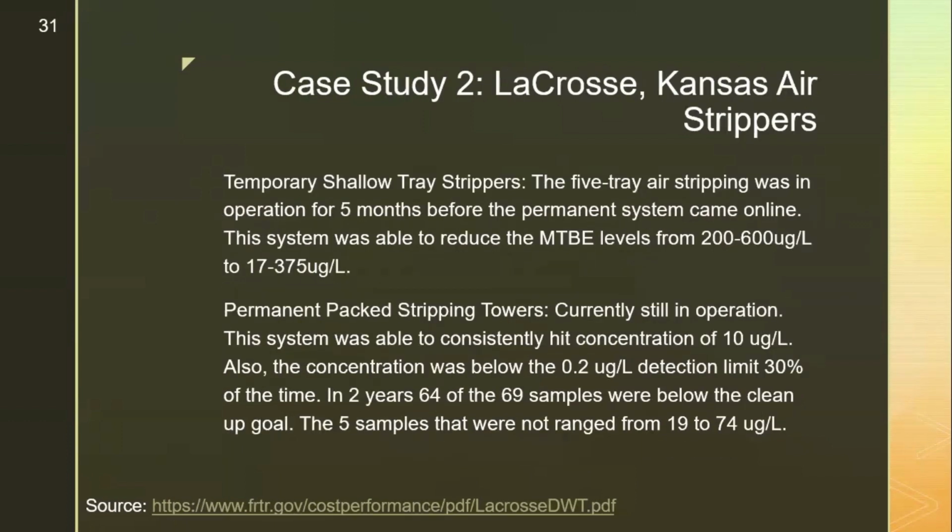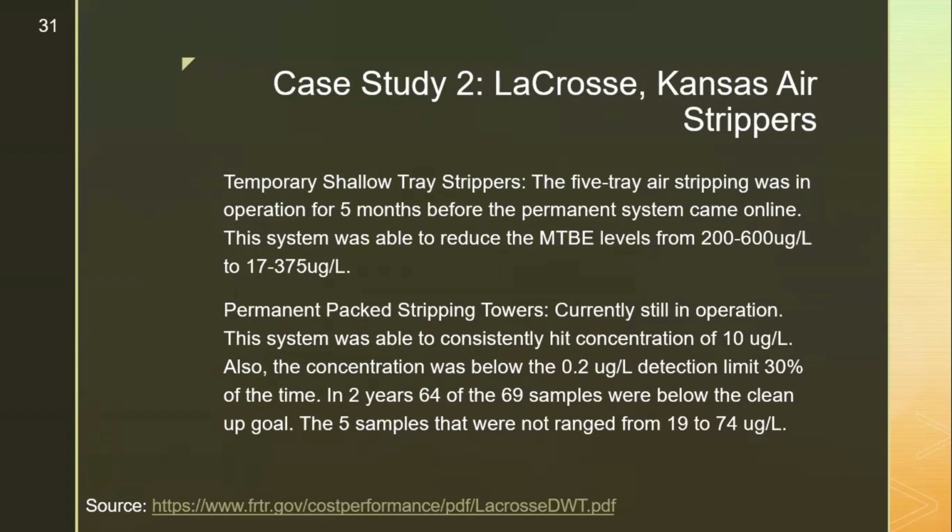The site used both a temporary shallow tray stripper and a permanent packed stripping tower system. The temporary shallow tray stripper was put in place in the meantime until the permanent packed stripping towers could be installed. The 5-tray air stripping system was in operation for 5 months before the permanent system could come online.